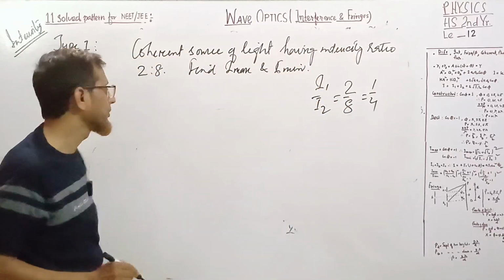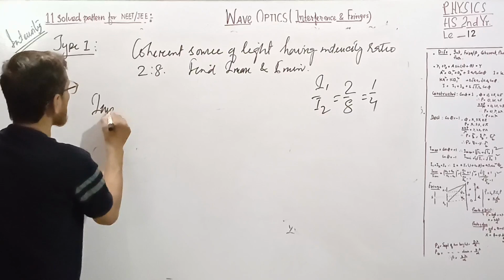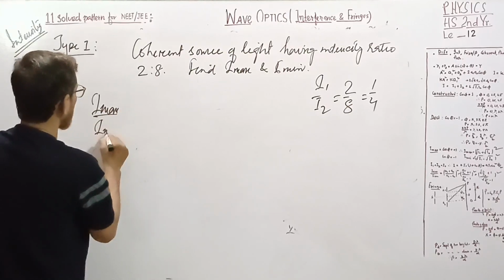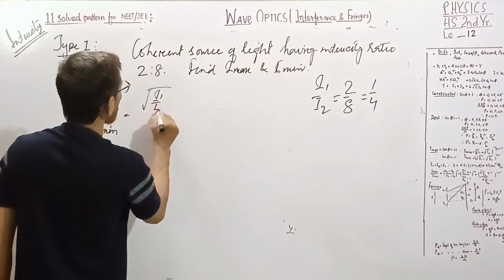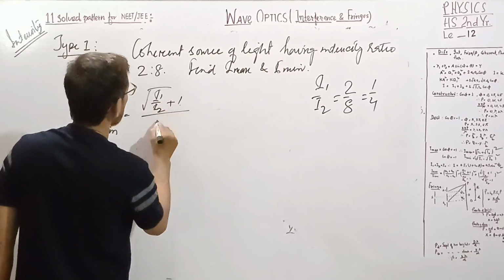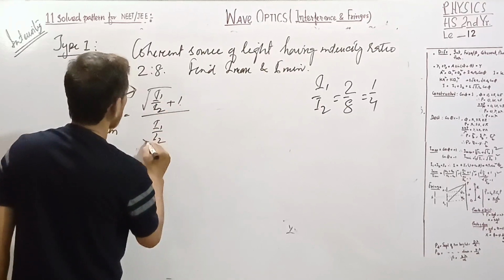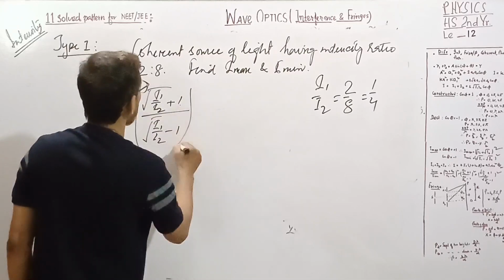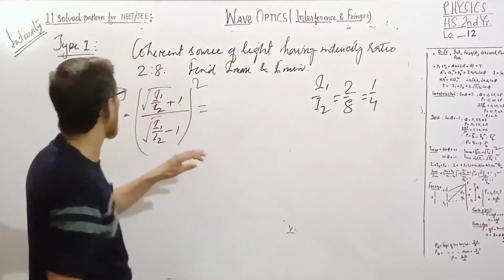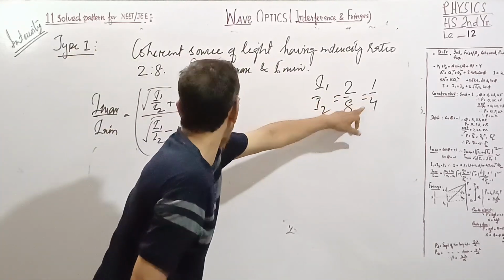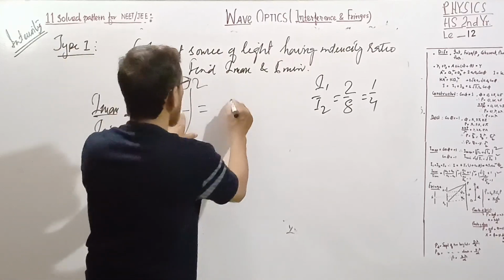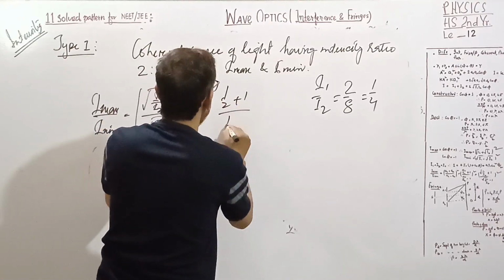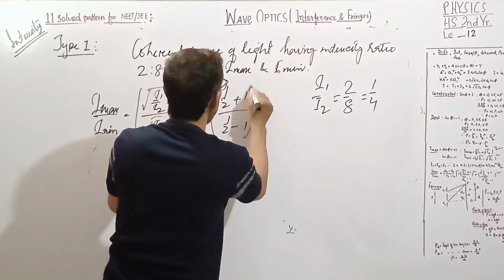A bit earlier I have told you the formula for I maximum by I minimum. Simply put the value here: root over 1 by 4 is equal to half, so half plus 1 whole square divided by half minus 1 whole square.